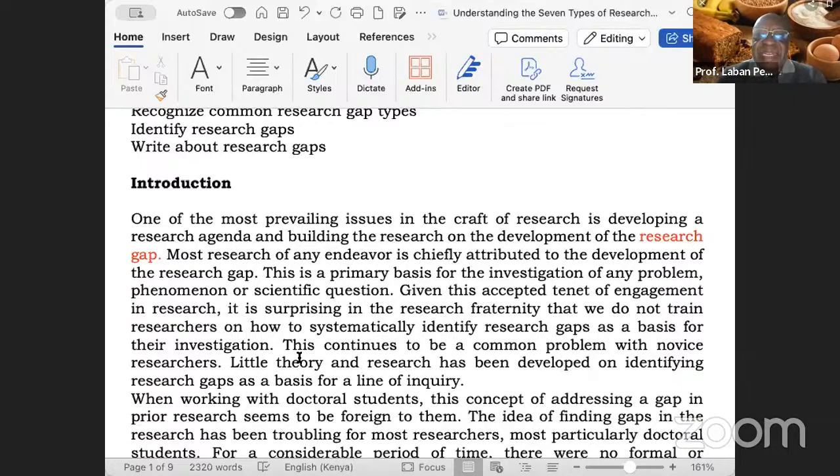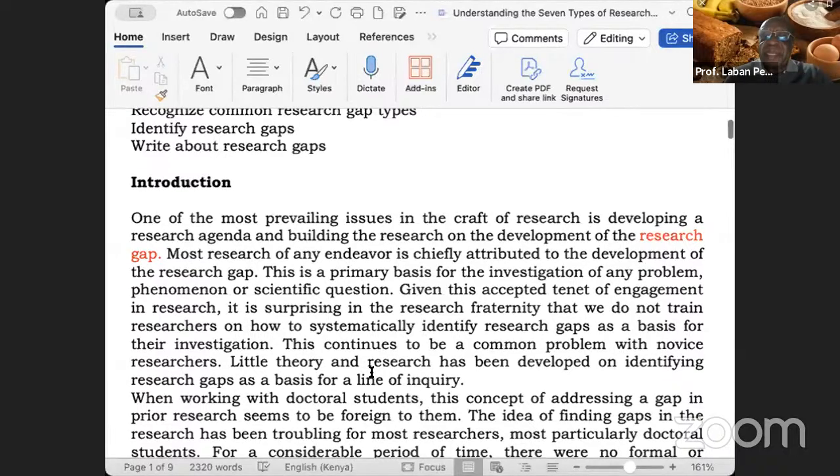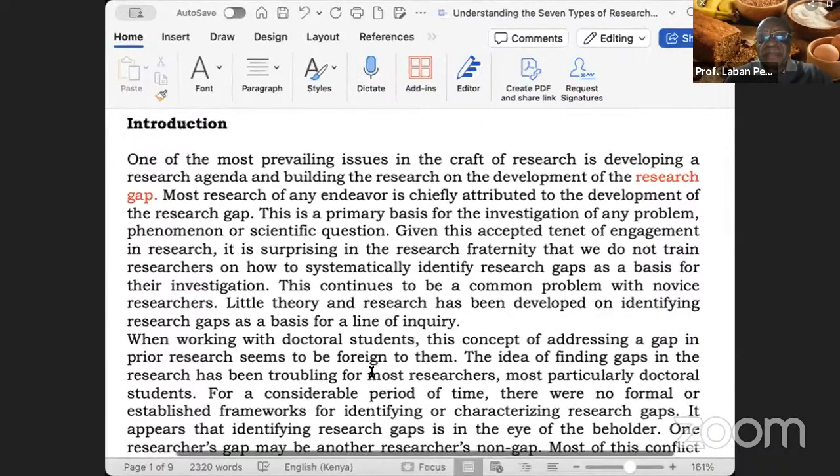Do they know that they're reading the literature review so that the gap that they're looking for will be amplified? That's the purpose of the literature review. So this continues to be a common problem with novice researchers.